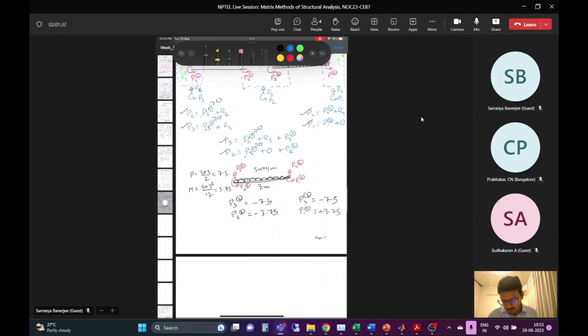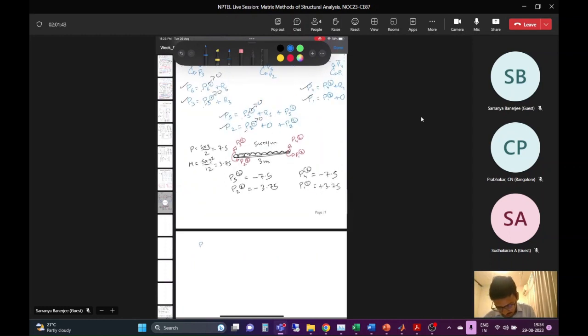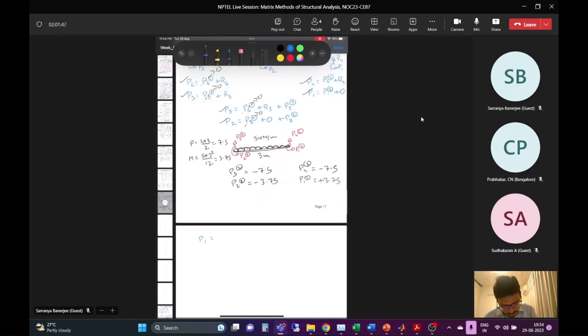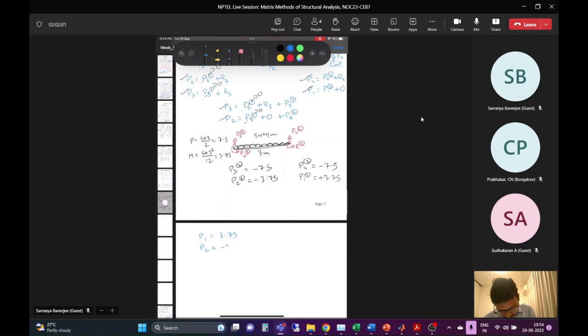Now, what are the values of the different P's which we have got? P1 equals P1 of 2 plus 0, so P1 equals 3.75. P2 equals P2 of 2 plus 0, so P2 equals minus 3.75.